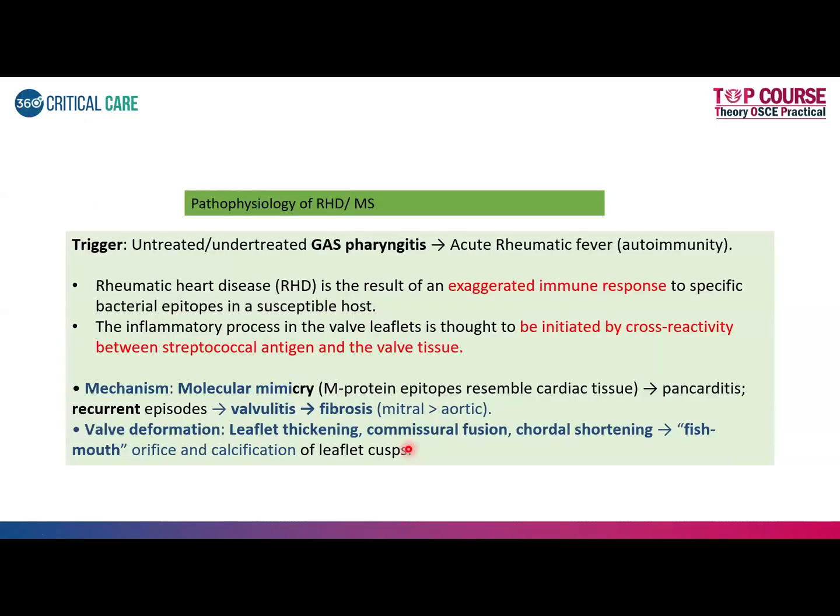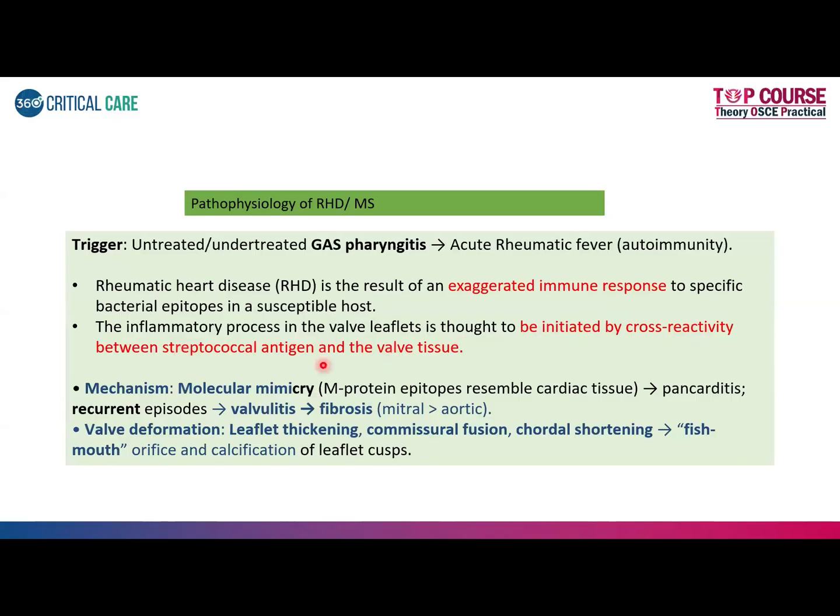So, what is the pathophysiology in case of rheumatic heart disease for mitral stenosis? It is untreated or undertreated group A streptococcal pharyngitis, and it occurs as a result of an exaggerated immune response to specific bacterial epitopes in the susceptible host. The inflammatory process in the valve leaflets is thought to be initiated by cross reactivity between the streptococcal antigen and the valve tissue.